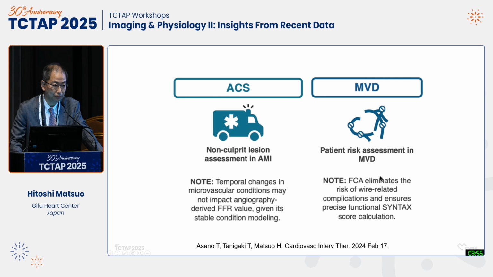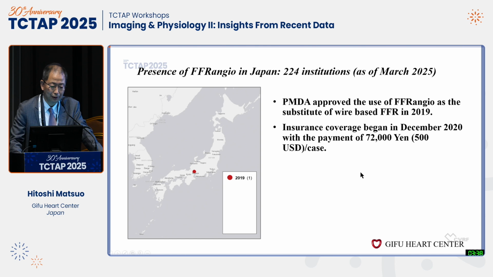And as for multi-vessel disease, it takes time to assess multiple vessels by wire-based assessment, so functional coronary angiography may be beneficial in this point. Let me show the state of Japan regarding functional coronary angiography, FFR angio.